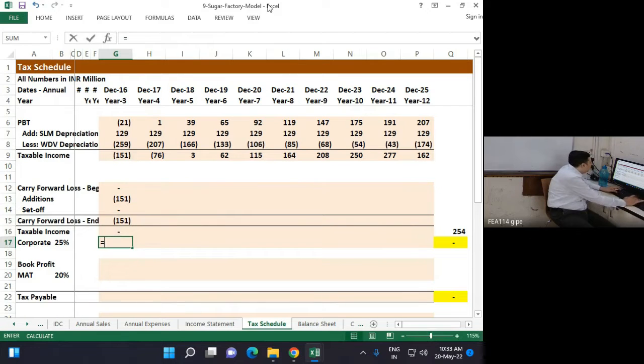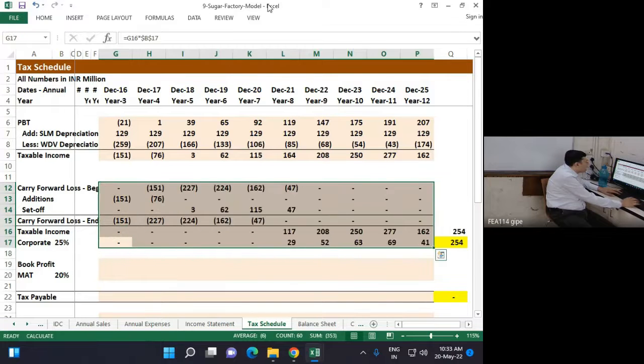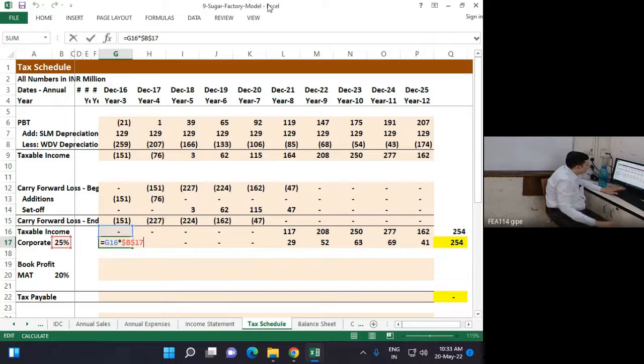Correct. Therefore, this into 25%. 254 is correct. Good. Everyone check.